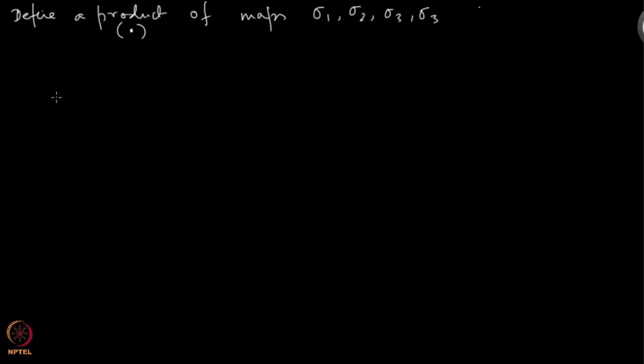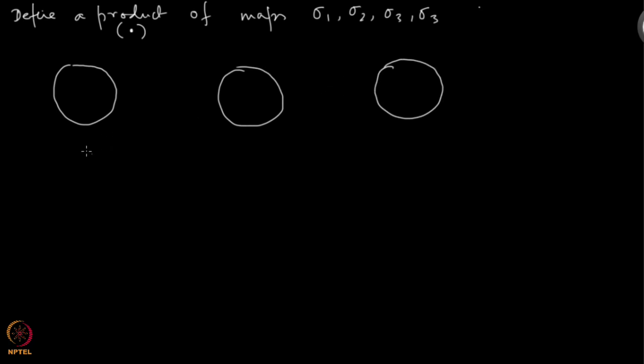So, that is the product. We have a natural candidate which can be defined as a product. Every time I am talking about a map, it is always from S to S. So, these are all the same sets.